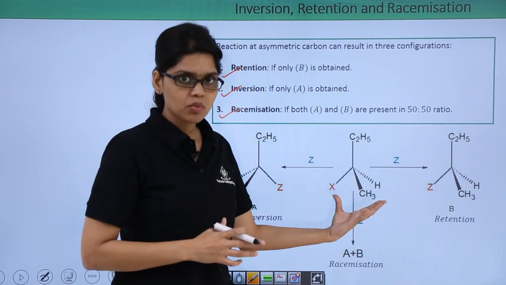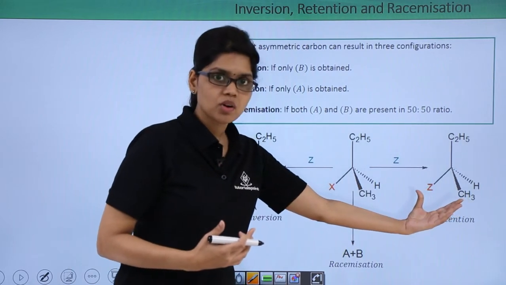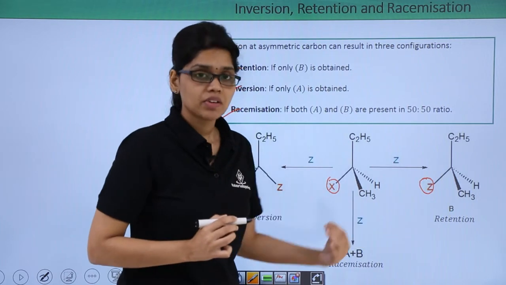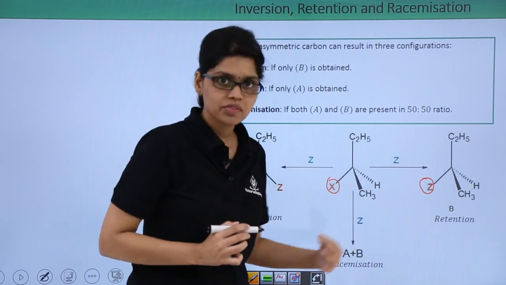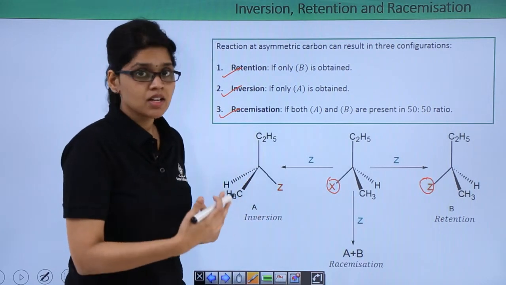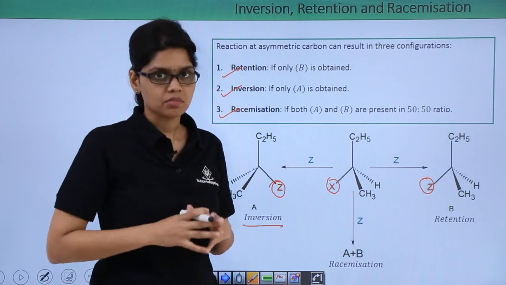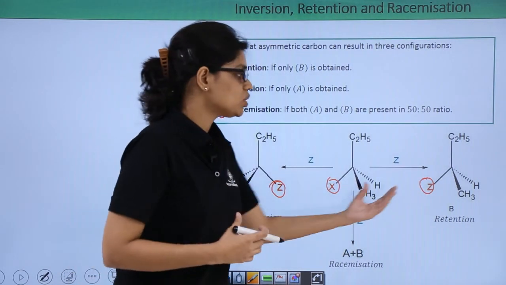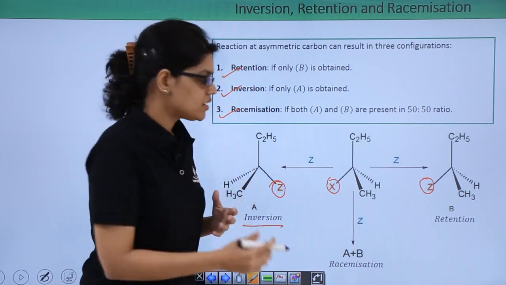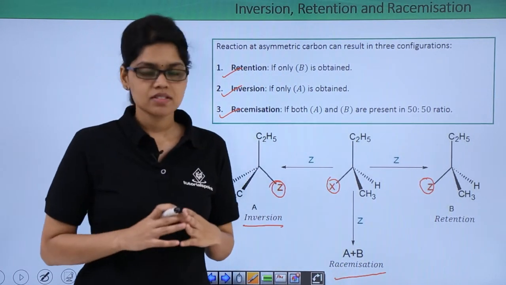When this reactant molecule undergoes a reaction with Z such that this product is formed, where the relative configuration of both the reactant and the product are the same, we can say that retention of configuration has taken place. Whereas, if the configuration of the product is inverted with respect to the reactant, we can say that inversion of configuration has taken place. In a third situation where we have both A and B in 50-50 ratio, we can say that the reaction leads to racemization.